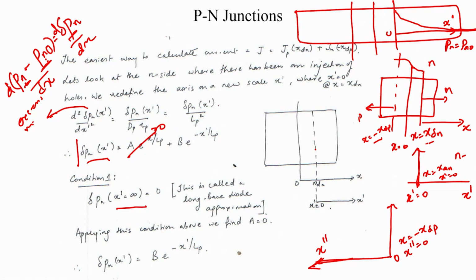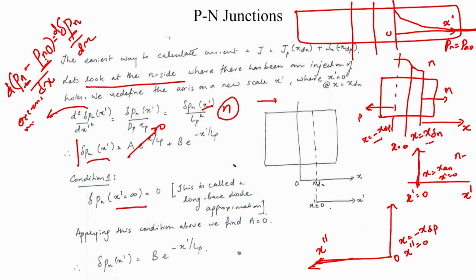So, remember, we are looking at the n side, these expressions are not valid for the p side. We are looking at the holes injected into the n side, and we are using the x dash coordinate system. We are only looking at the n side of the junction. Okay, so that is written here, but just in case that is not clear.